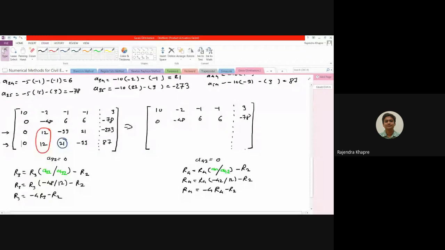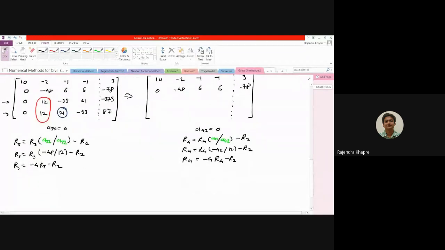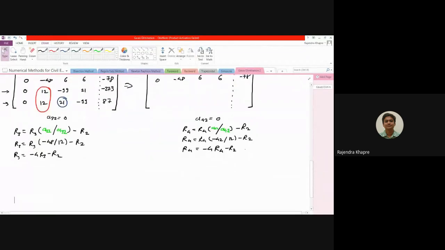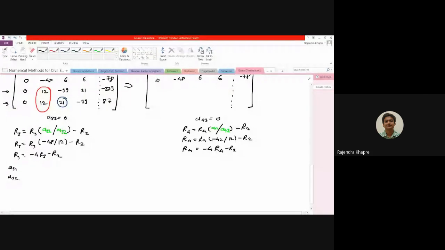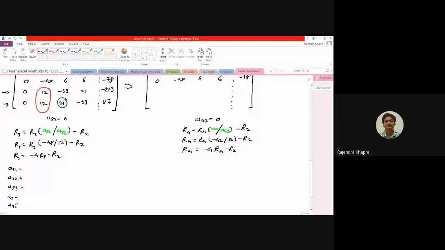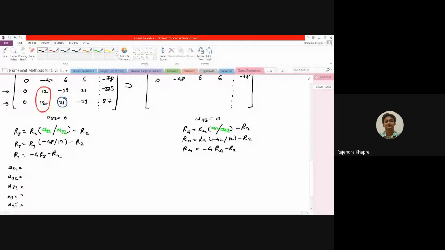So now let us go for the operations one by one. We have to go for the third row and fourth row. In the third row there are 5 elements: a31, a32, a33, a34 and a35. You don't have to operate on the first column because a31 will always be 0.